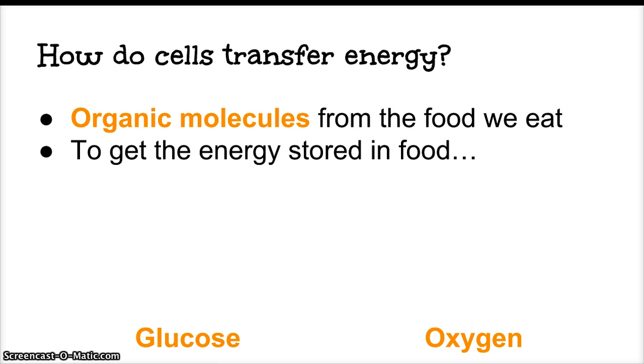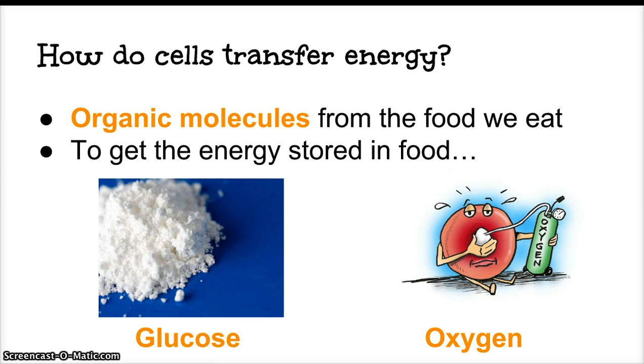Well, first of all, your body needs energy to do everything it needs to do. And you get your energy from organic molecules in the food we eat. To get the energy stored in food, glucose joins with oxygen, and this chemical reaction transfers the energy that is stored in food into our cells.